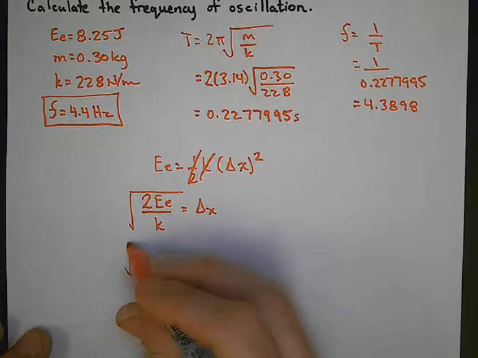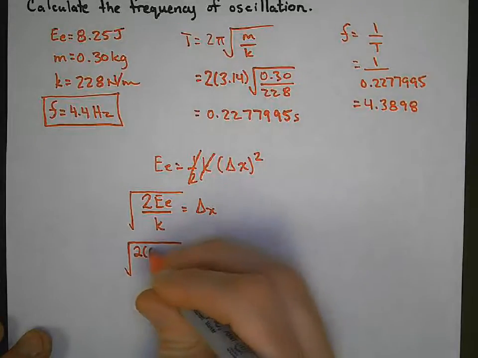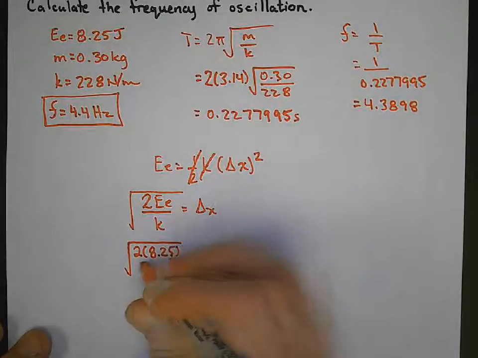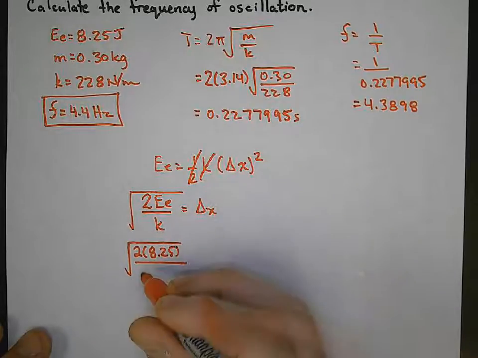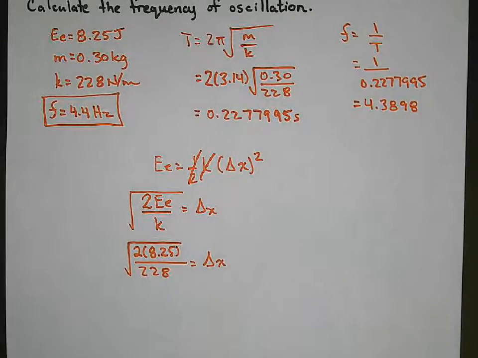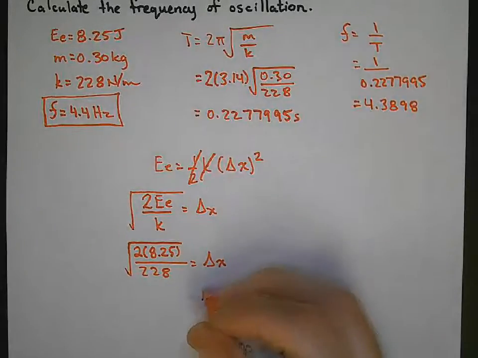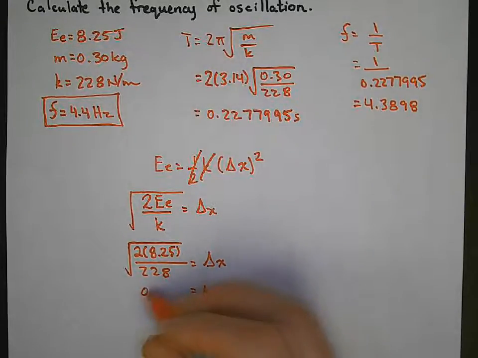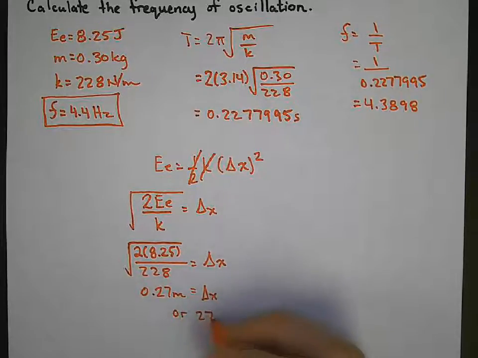So this would give us 2 times 8.25 all over that spring constant of 228. And doing this calculation quickly, we see that our maximum displacement is 0.27 meters, or 27 centimeters.